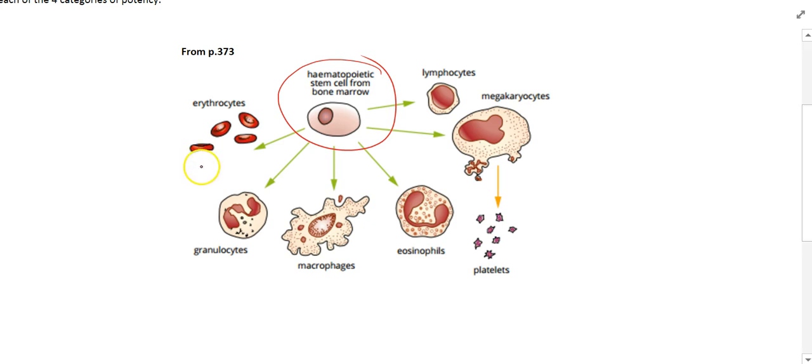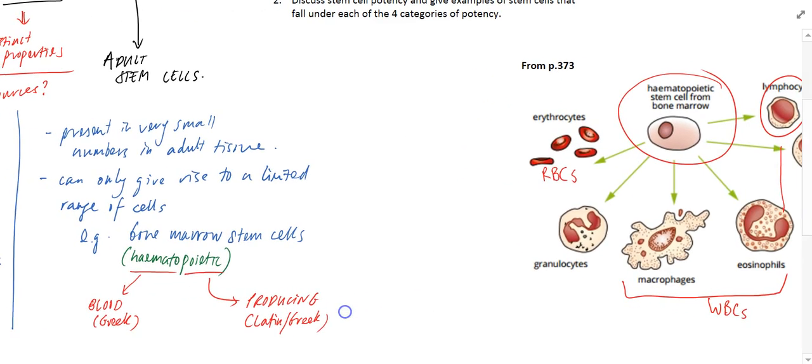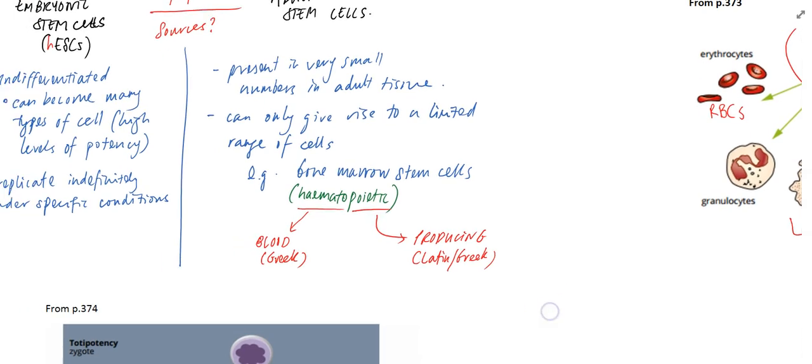So those include the red blood cells here, the erythrocytes, certain white blood cells, and I think granulocytes also count as white blood cells, and the cells that produce platelets. So these are all the cells that you would find floating around in your blood doing various things, and they all derive from one kind of adult stem cell. But that stem cell can only give rise to the blood cells.